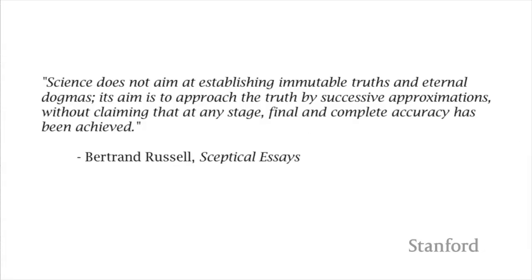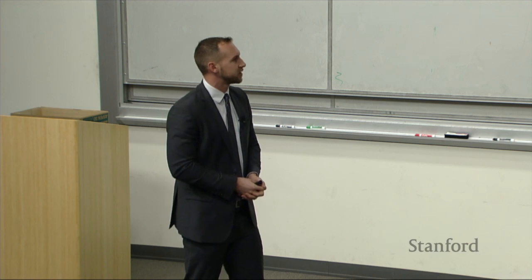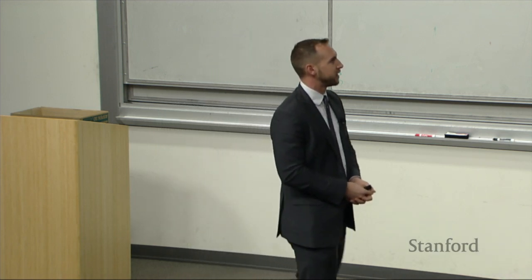I just wanted to take a quick philosophical aside at this point to share this quote from Bertrand Russell, which I love, and I think it sums up how we think about this sort of work. "Science does not aim at establishing immutable truths and eternal dogmas. Its aim is to approach the truth by successive approximations, without claiming that at any stage final and complete accuracy has been achieved."